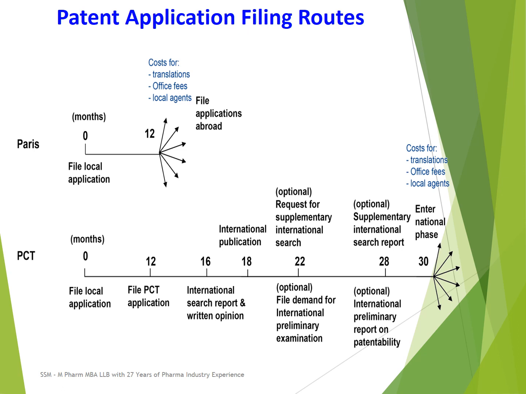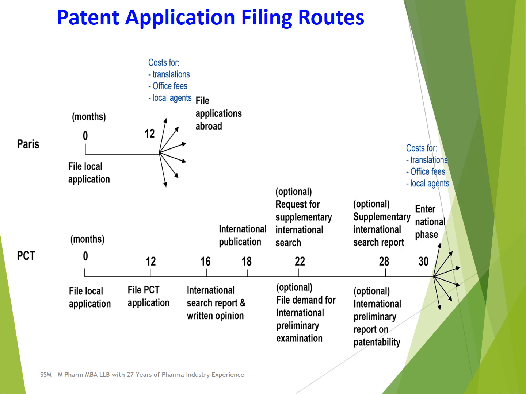So he can request both the international search report and the preliminary examination report. This he can do at month 22. But both of these are optional, they are not compulsory. If the patentee wants to file for these requests, he can file. Otherwise, these are optional.